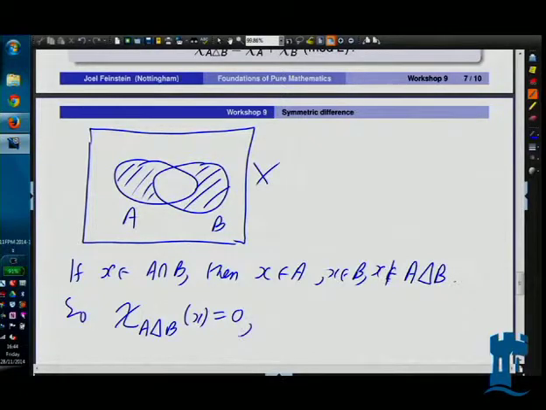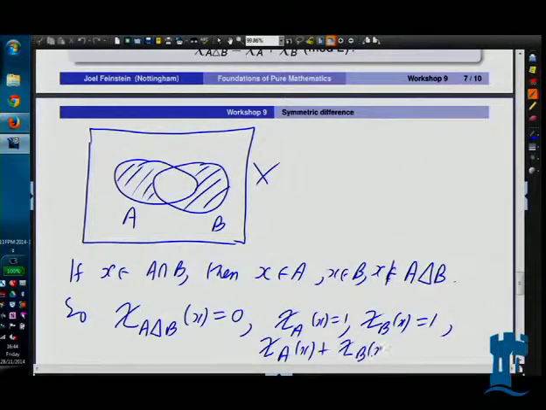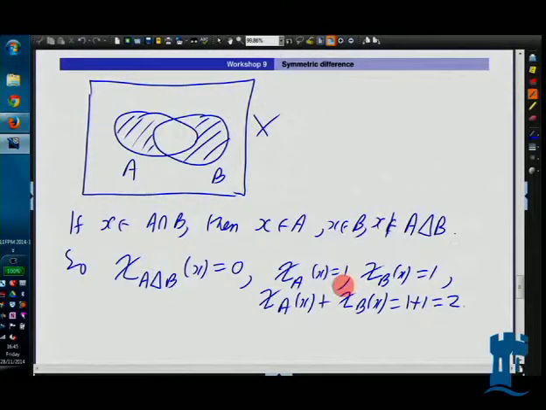But the characteristic functions of A and B will give you 1 each. So you get 1 plus 1 equals 2. And fortunately, naught is congruent to 2, so we're okay in that case.